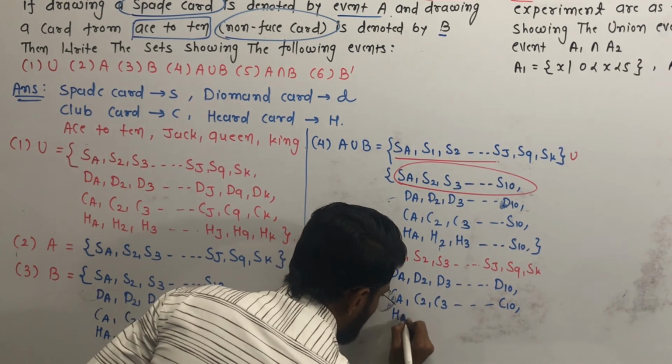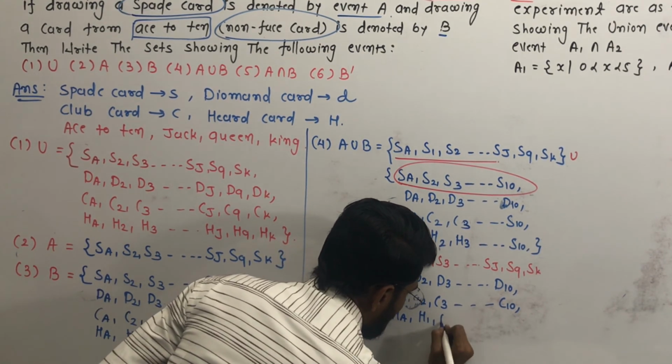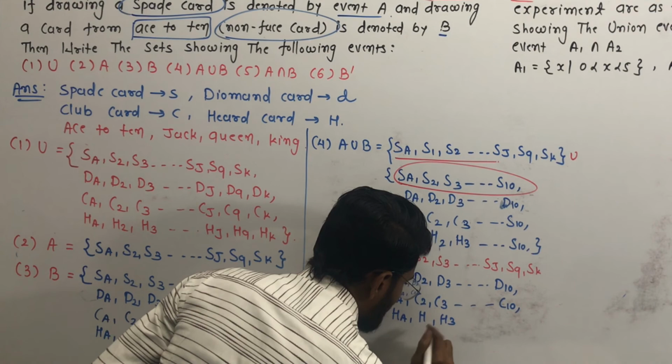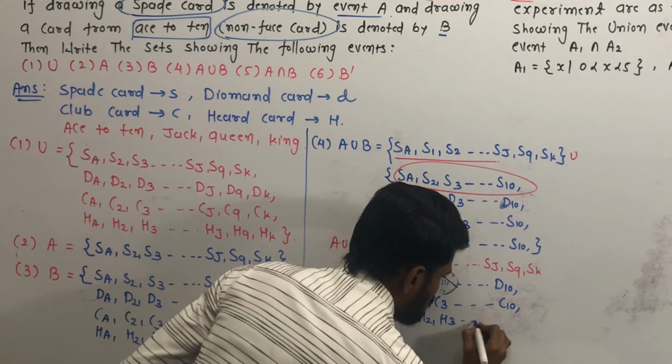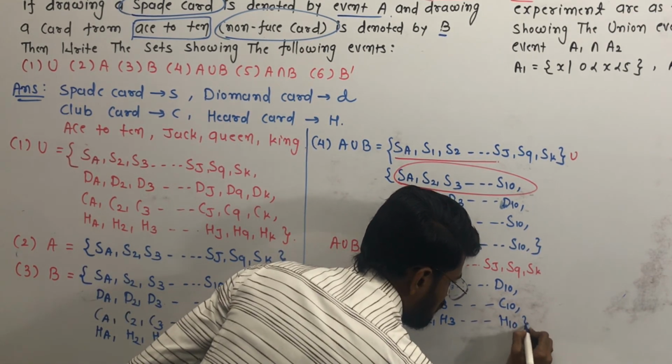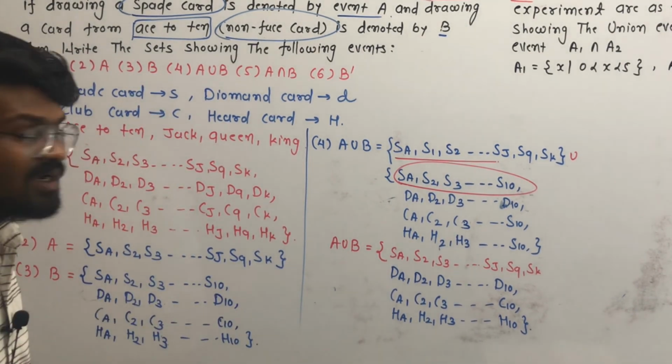Now HA, H2, H3, so on, H10. Yes, so this is the union of event A and B.